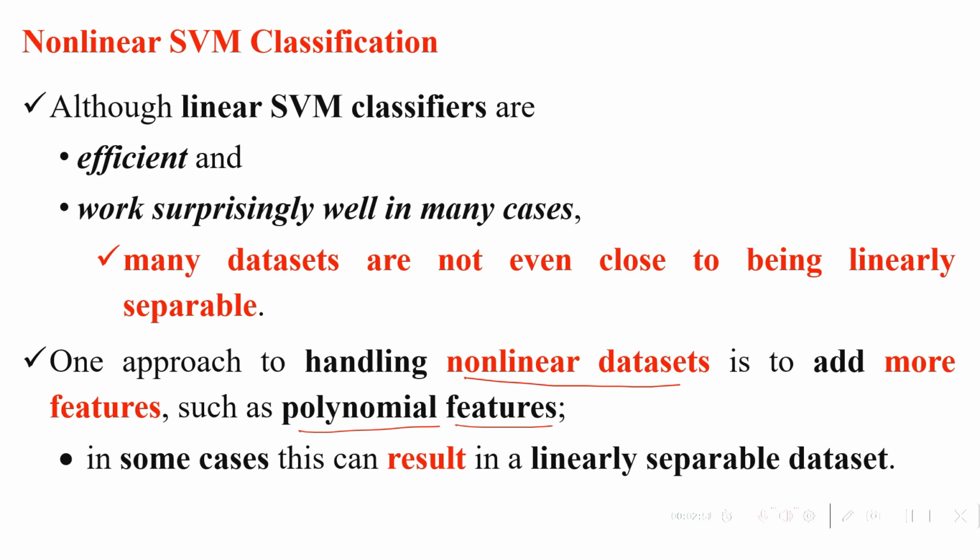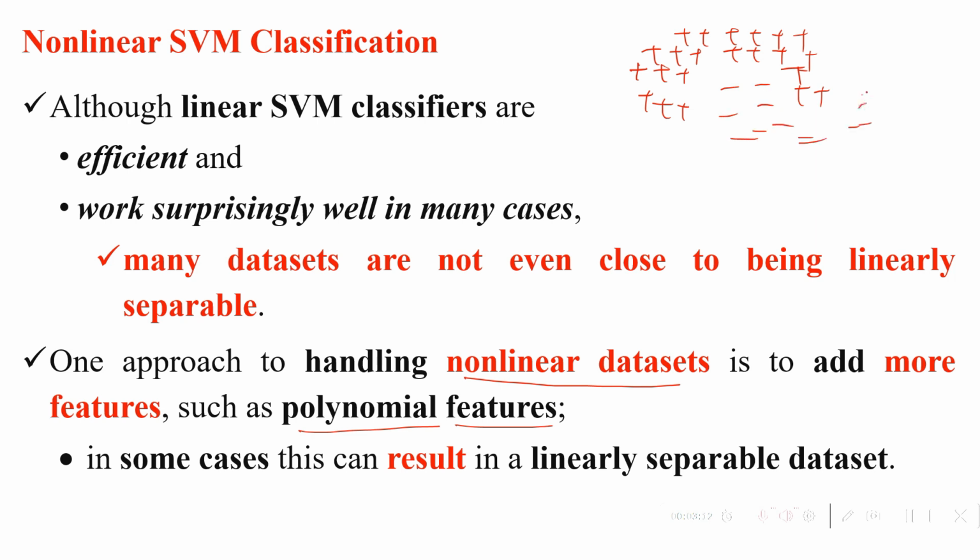For example here, some data points are positive points and some points are negative points.